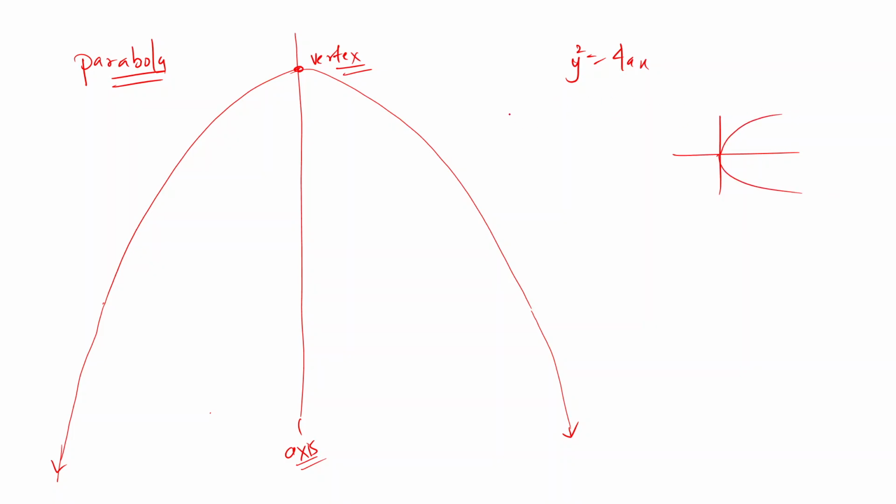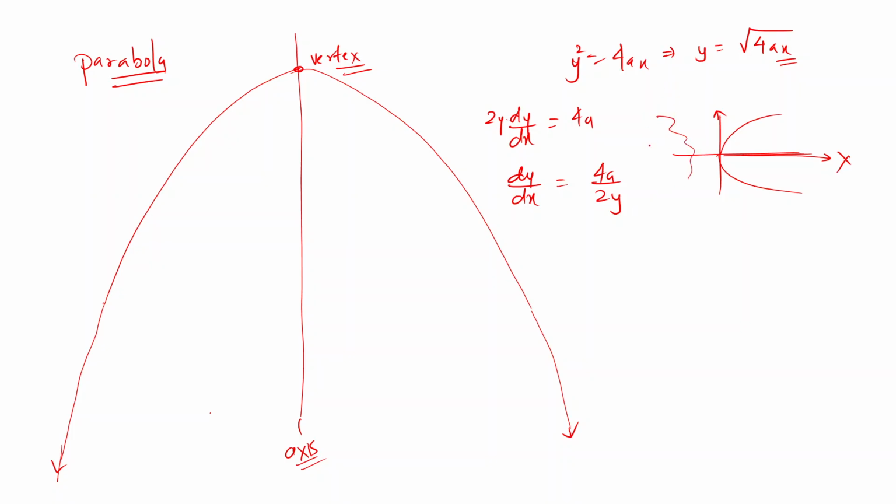If you figure out the slope, 2y dy by dx is equal to 4a, so dy by dx is 4a by 2y, which is 2a by y. Here y is root 4ax, and x is definitely positive, because the parabola is not going on the negative side.